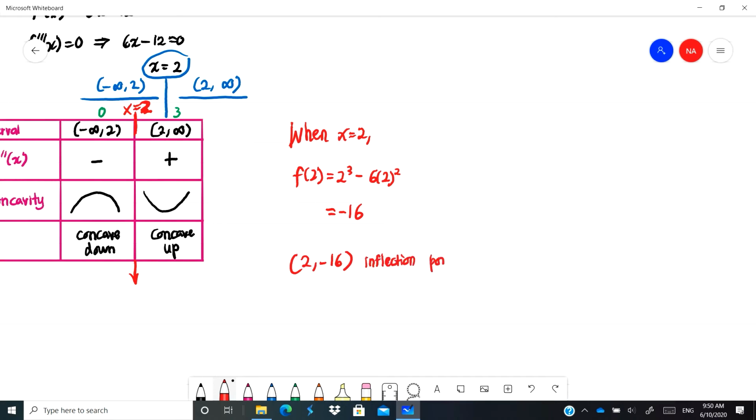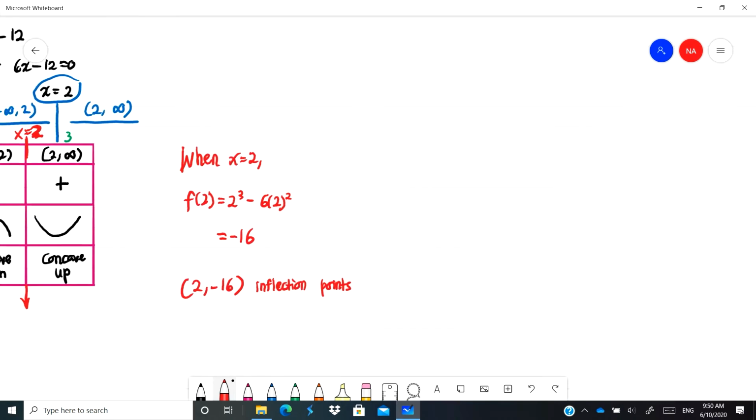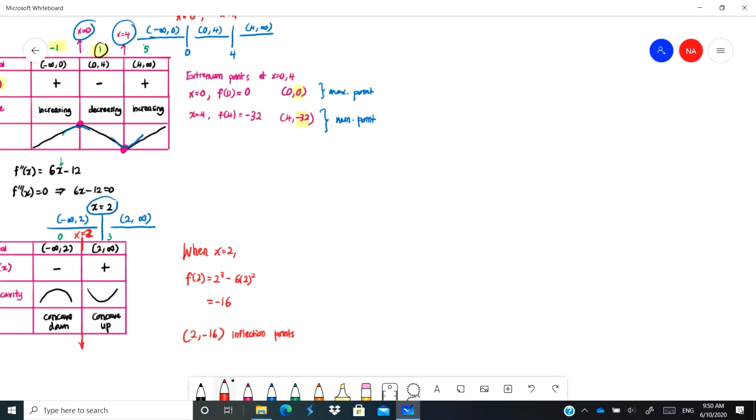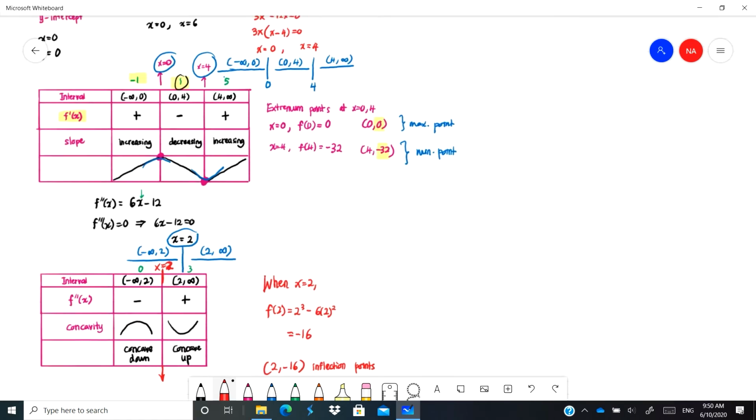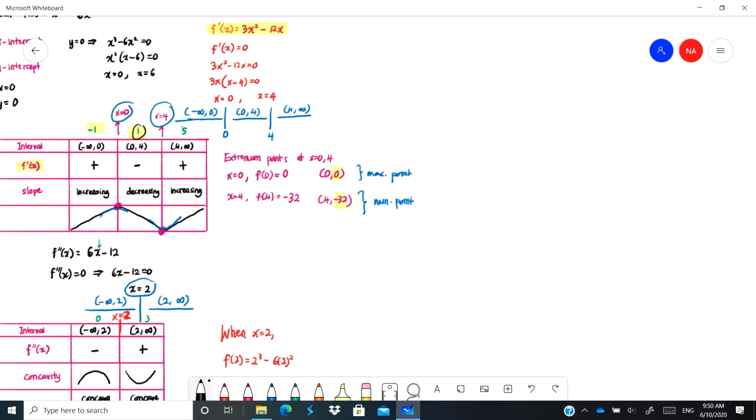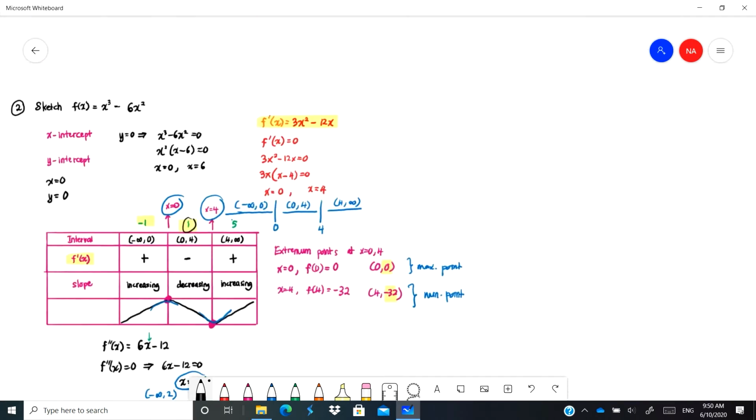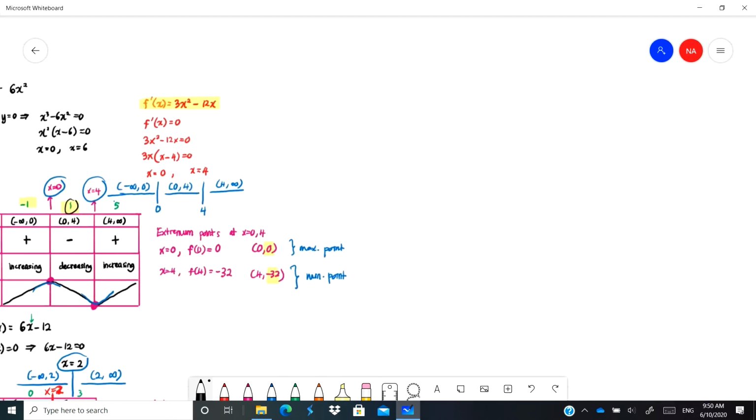We're going to use all these values, so to make it easy for you, you better list them down. Firstly, we'll have the x-intercept, x equal to 0 and x equal to 6, and then the y-intercept, with y equal to 0.